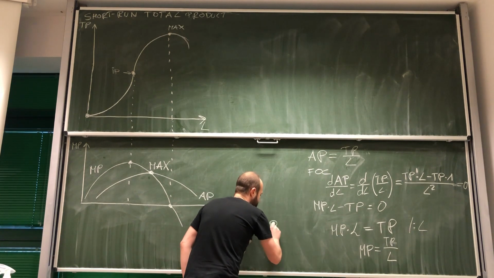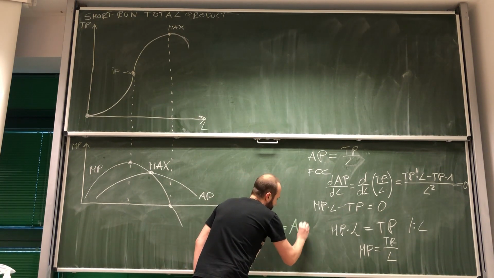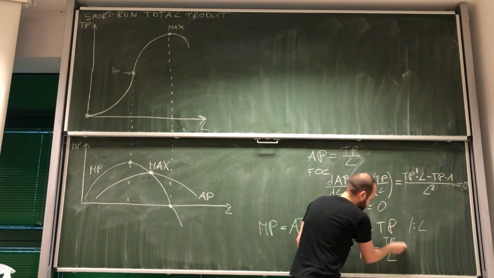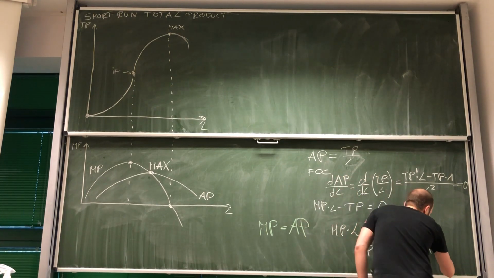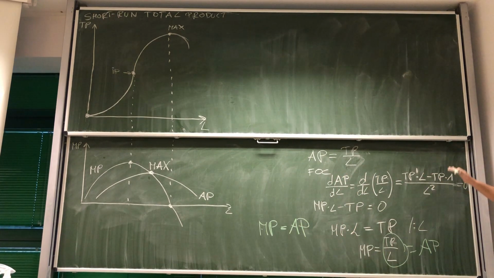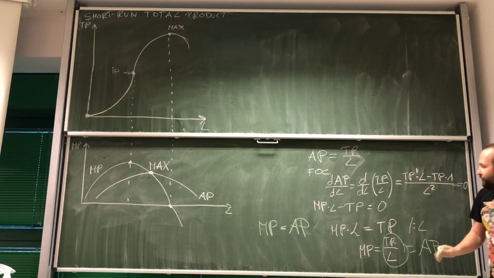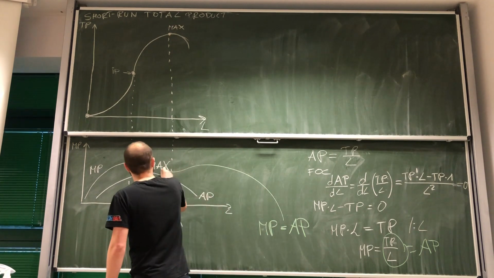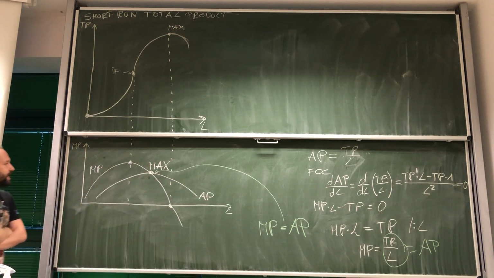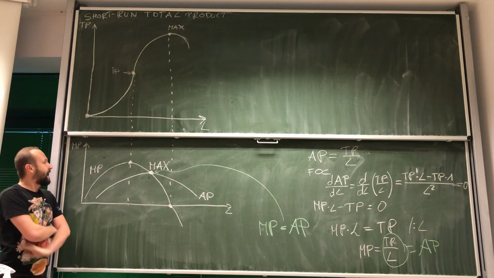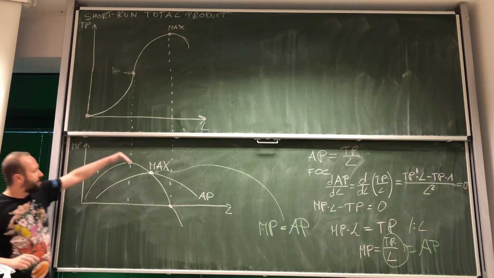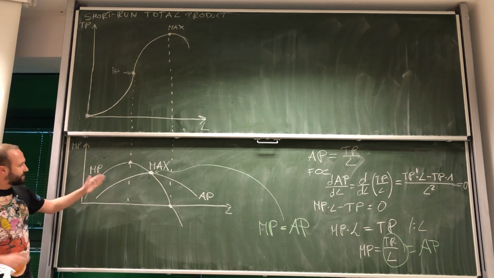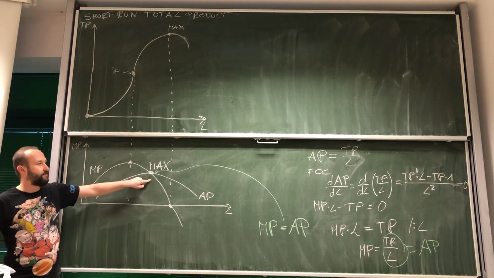Marginal product is equal to average product, because this is an average product by definition. So look, we got only from the first order condition that the average level of production of the company is maximized at the exact point where marginal product is equal to average product.